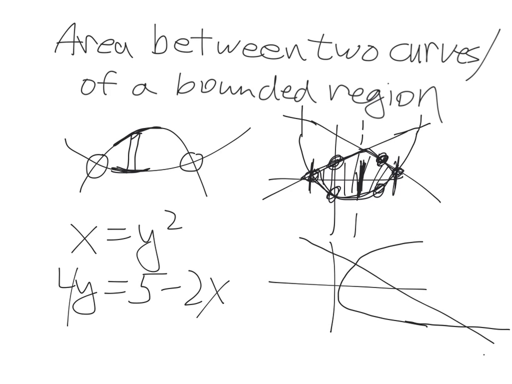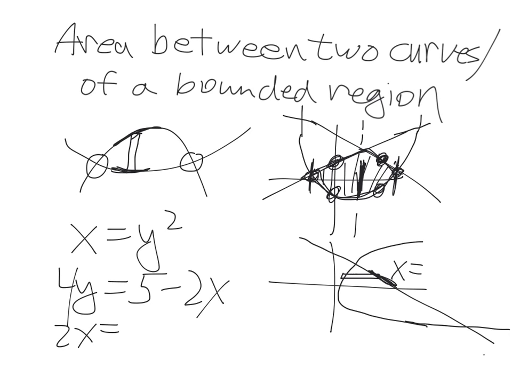Now in this case, it's going to be easier to go from the right minus the left. Set it up with a horizontal representation, and instead of top minus the bottom, we'd go right minus the left. So with the 4y equals 5 minus 2x, you would set it up to solve for x? Correct. Solve this for x to get what y would be. x equals something in terms of y.